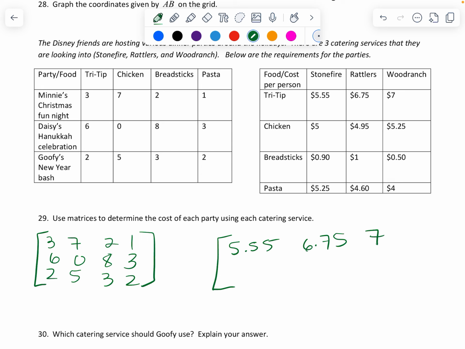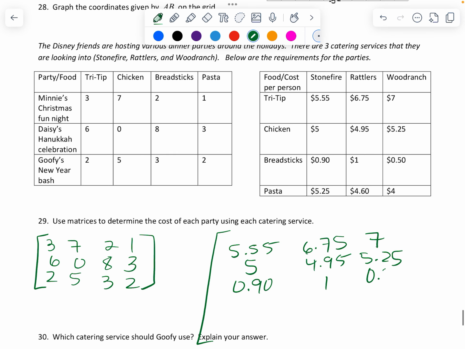And this is, oops, I didn't make that long enough. Okay, this is 5, 4.95, 5.25, 90 cents, $1, 50 cents, 5.25, 4.60, and $4. So I made 2 matrices.